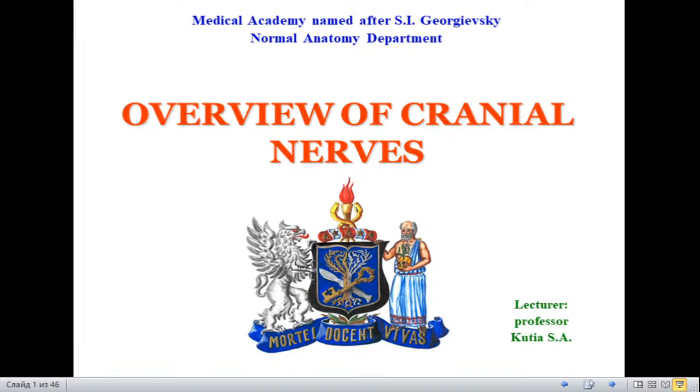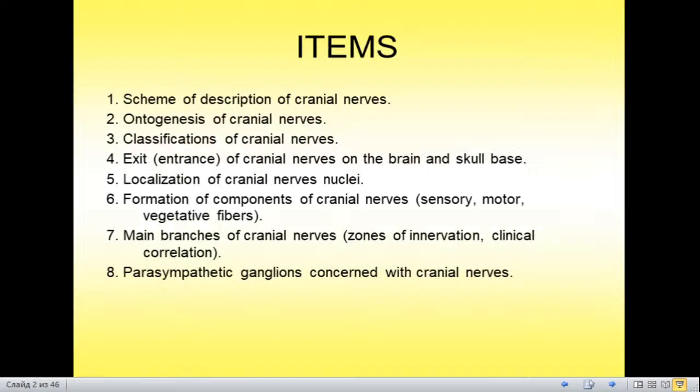So today our lecture is devoted to the cranial nerves, and in today's lecture we will discuss the following issues: a scheme of description of cranial nerves, development in ontogenesis of cranial nerves, various classifications, sites of exit and or entrance of cranial nerves at the base of the brain and base of skull, location of nuclei of cranial nerves, how various components of cranial nerves are formed, and briefly we will describe each cranial nerve with the main branches as well as zones of innervation and some clinical issues.